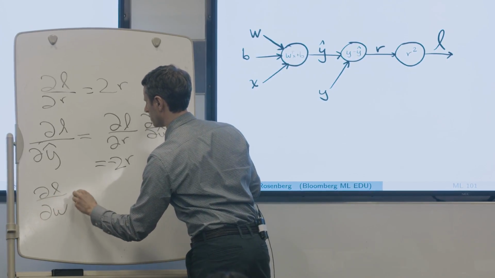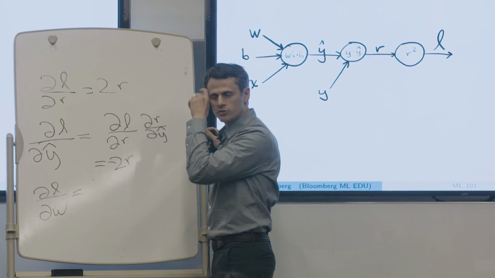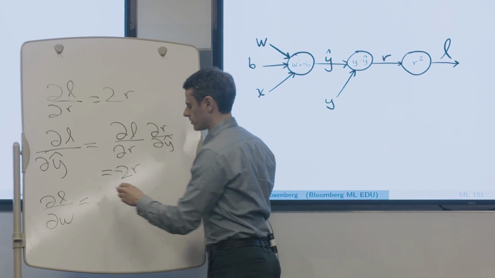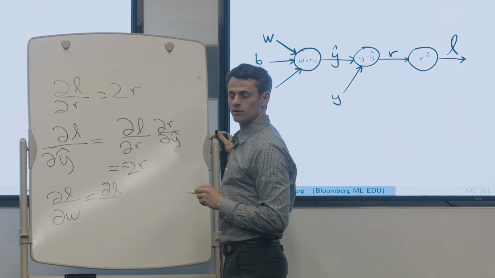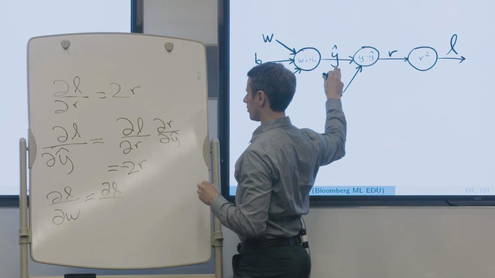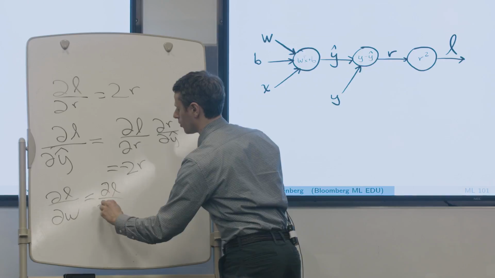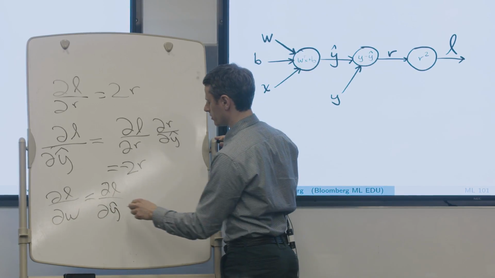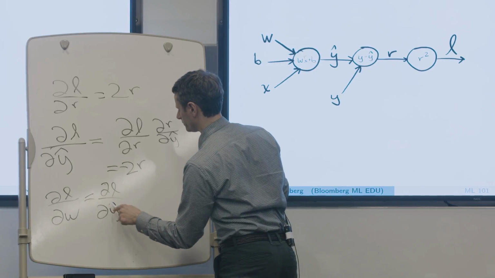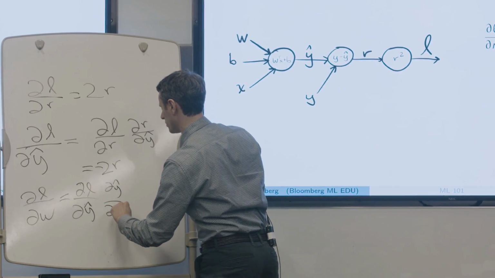Great, okay. And then partial L with respect to W is what? Let's do some chain rule first. So what should I do the partial with respect to? Yeah, well, we could do Y hat, because we already have it. We could have done r, but then we have to work our way further. So y hat takes us closer. And then partial y hat with respect to w.